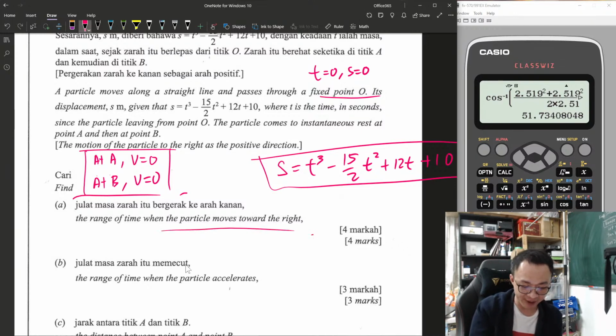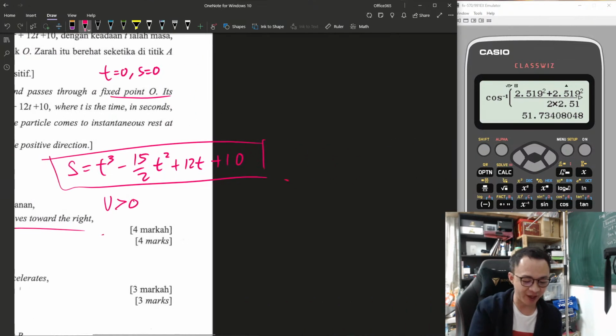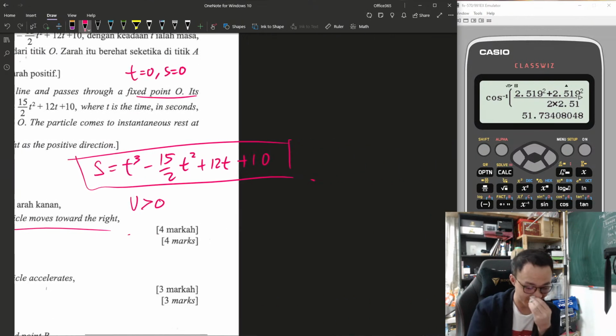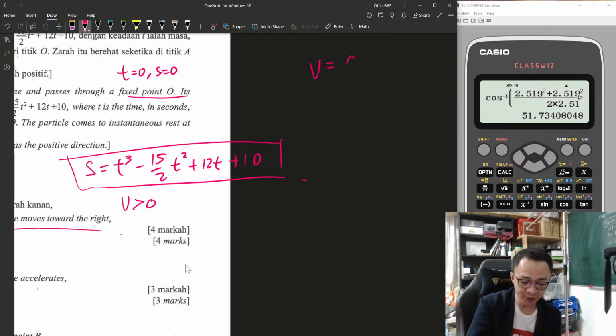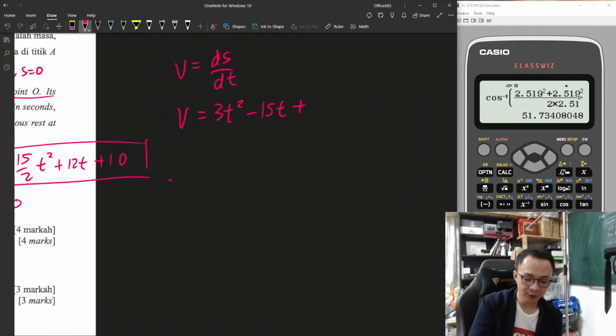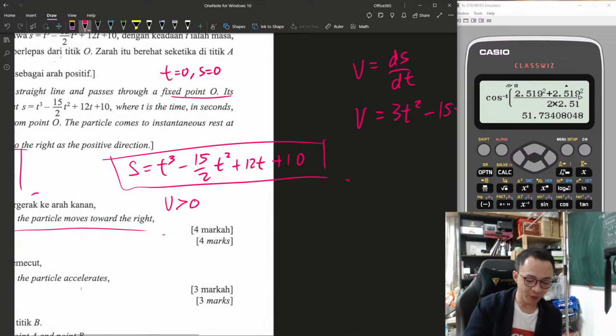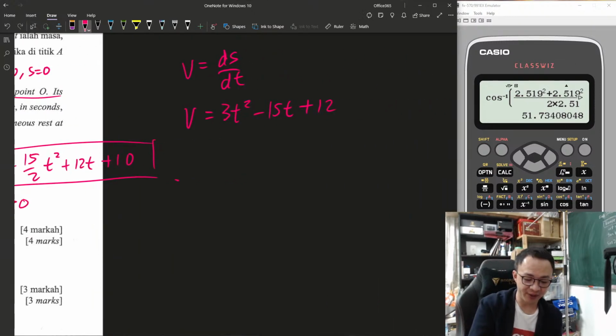Particle moving right basically means velocity is bigger than 0. So no matter how, I need to find the velocity here. V is basically equal to ds/dt. So I will just differentiate this: 3t squared minus 15t plus 12. Since they want it to move right, velocity must be bigger than 0.